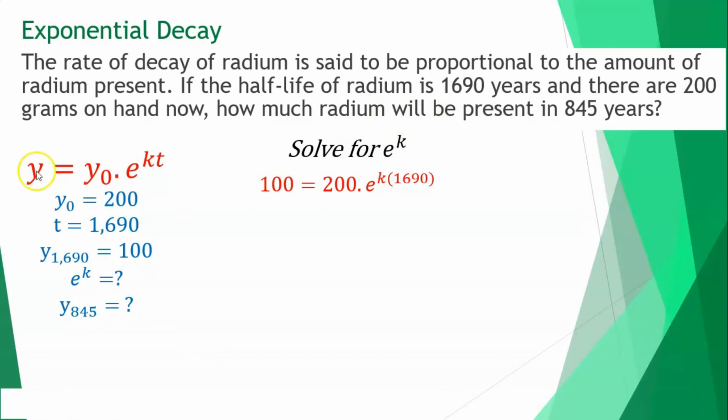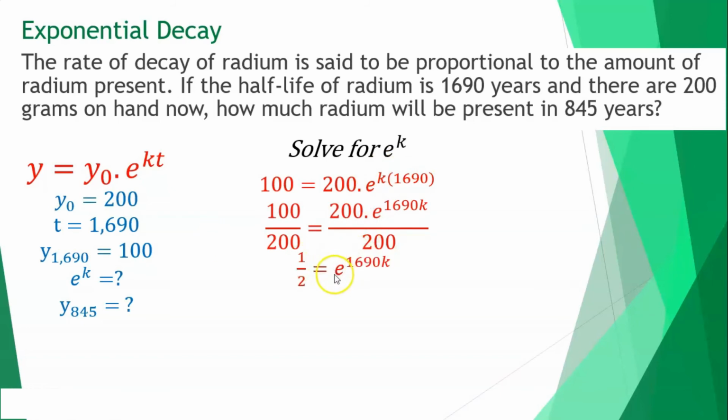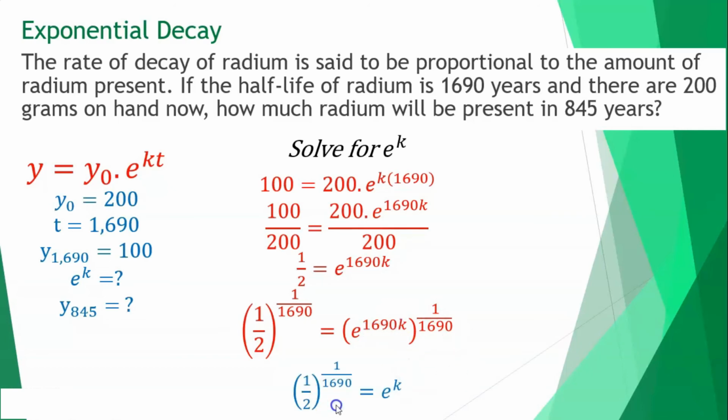So let's substitute. Our y here is 100, equal to 200 times e to the power of k, after 1,690 years. So dividing both sides by 200, 1/2 is equal to e to the power of 1,690 k. So raise this to 1 over 1,690, so that we can cancel the 1,690.